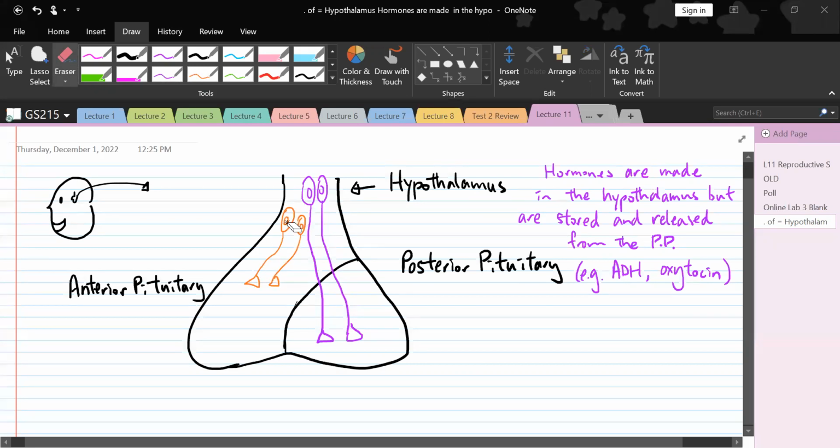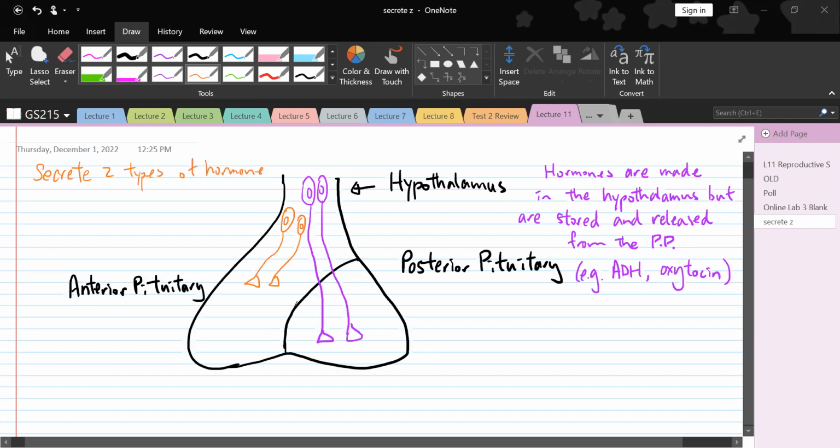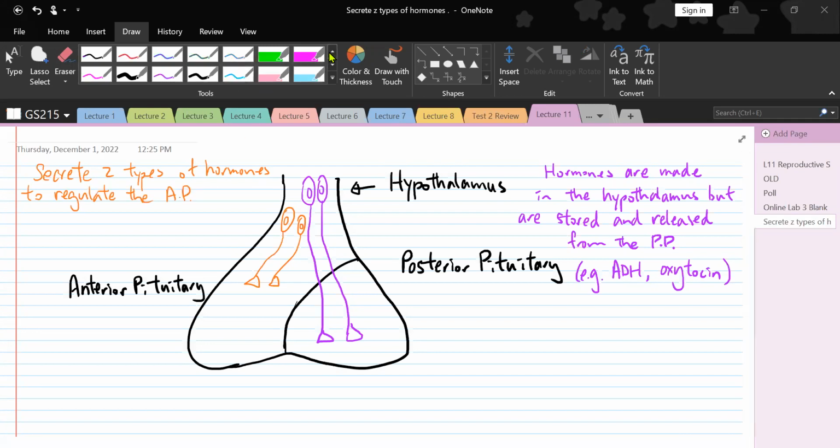These group of neurons would secrete two types of hormones to regulate the anterior pituitary gland.